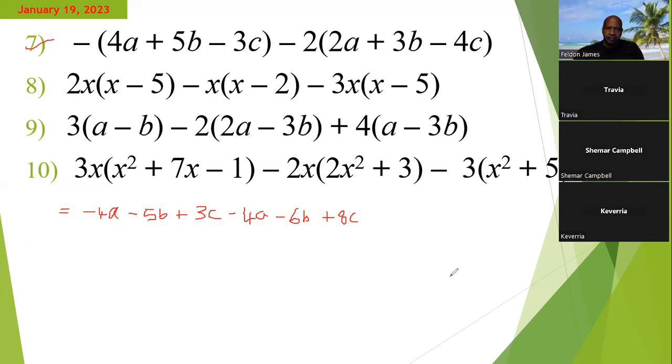Then I group the terms. I have negative 4A. All right, so you're grouping 4A, negative 4A.